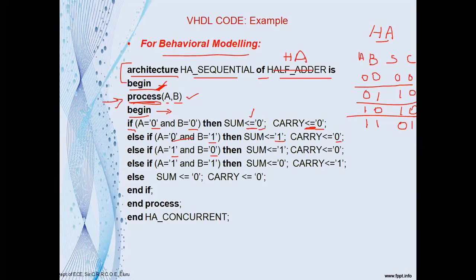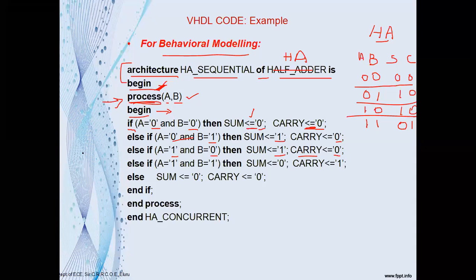Else if A equal to 1 and B equal to 0, if A and B are 1 and 0 respectively, then the sum must be assigned the value 1 and the carry must be assigned the value 0. So whenever you give 1 and 0 as input, the sum is 1 and carry is 0.